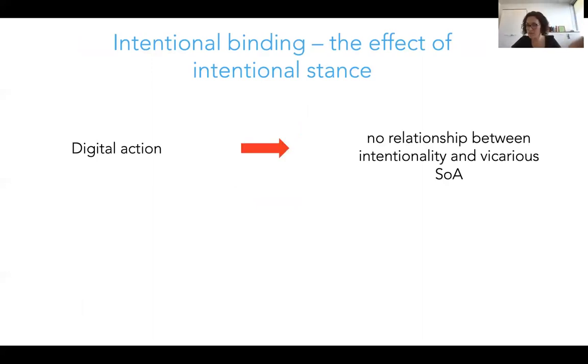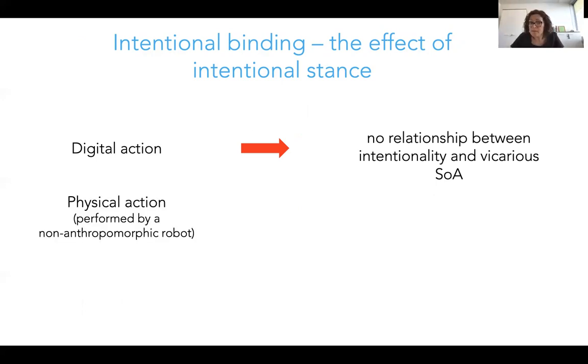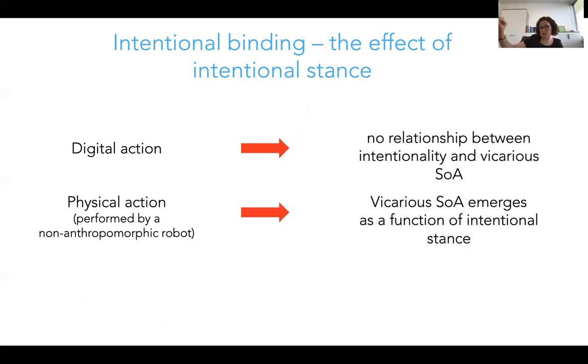Now, regarding the effect of intentional stance, as I already said, in terms of digital action, intentional stance won't help. Even if you're a person who is likely to adopt intentional stance towards robots, it won't help in terms of vicarious sense of agency. If it's physical action performed by a non-anthropomorphic robot, then you see this correlation that I showed you. So vicarious sense of agency emerges as a function of intentional stance.